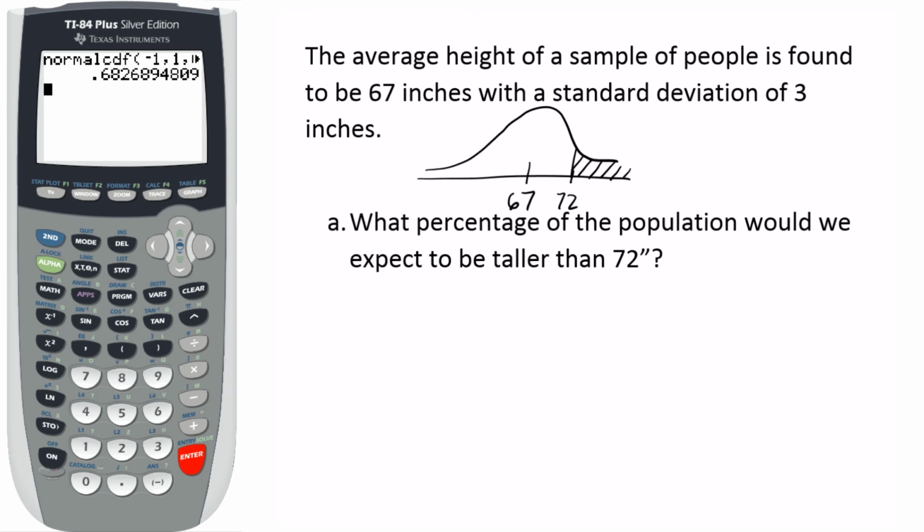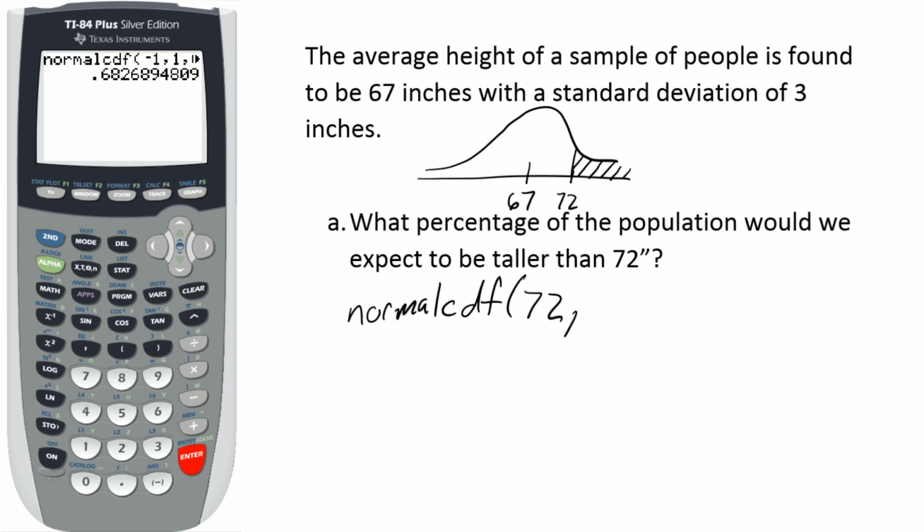So again, we'll use our normal CDF function on our calculator. And so again, what we want to put in there is the lower number, the upper number, the mean, and the standard deviation. So we can see that the lower number would be 72. That's the smallest number on that area that we're trying to find.